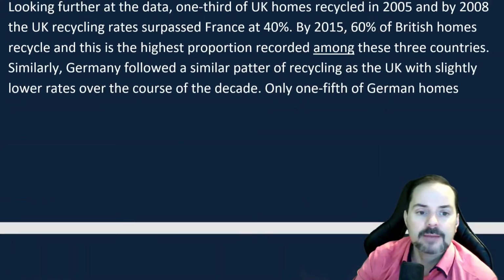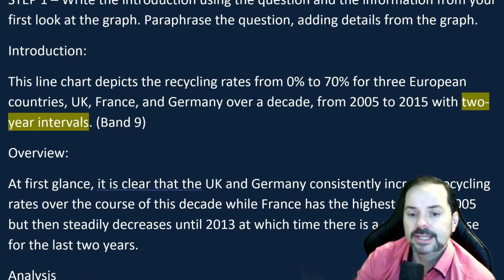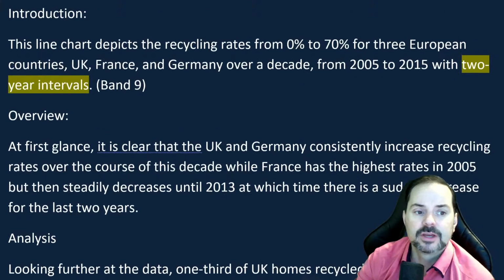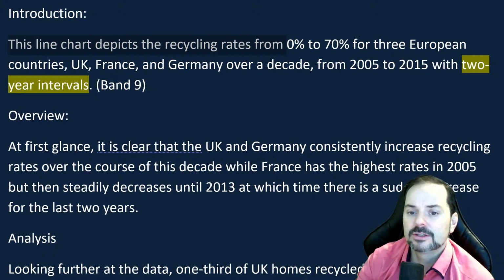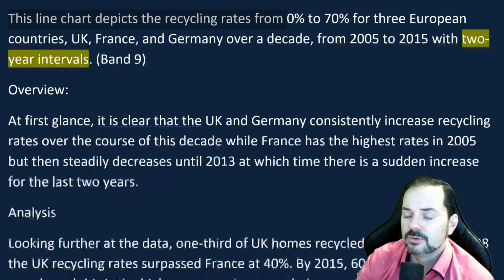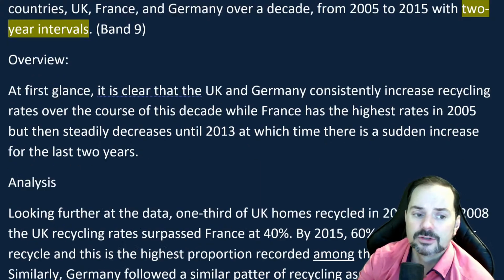Okay, everyone, let me just read this for you, and you should hear this Band 9 essay, okay? So here we go. This line chart depicts the recycling rates from 0 to 70% for 3 European countries, UK, France, and Germany, over a decade from 2005 to 2015 with 2-year intervals.